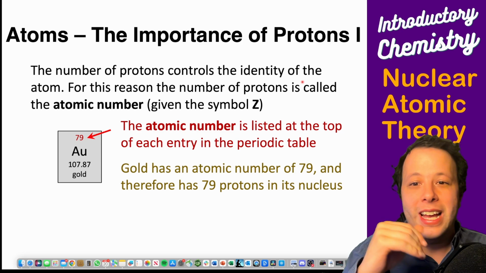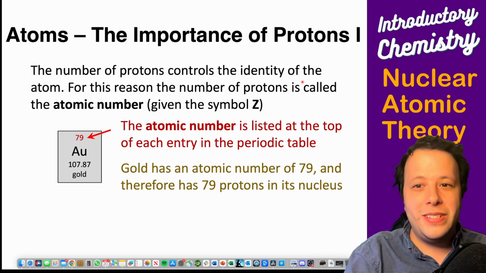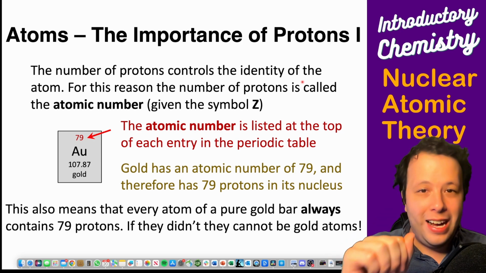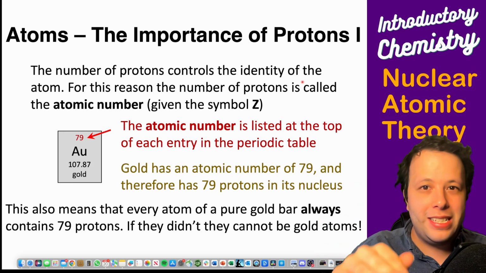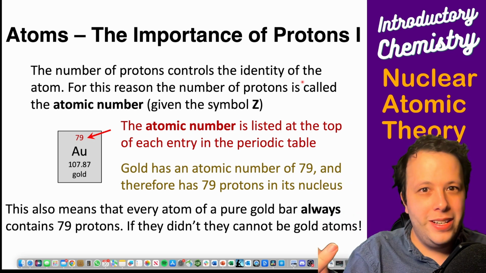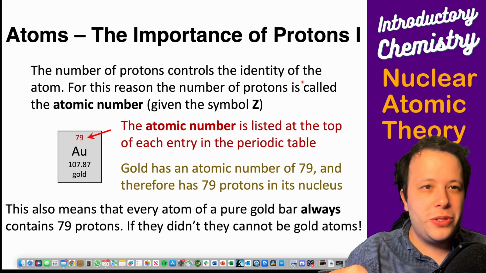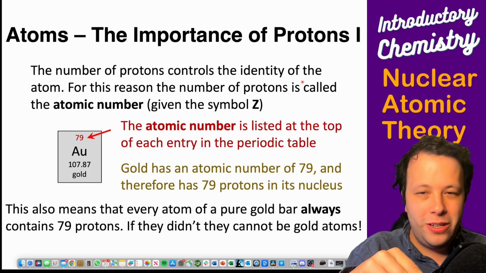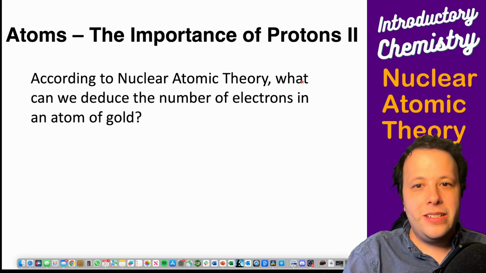So any single atom that you ever find of gold will have 79 protons no matter what, or it would not be gold. Every element has to have its number of protons in order to be identified as that element. So when we're talking about changing charges, which we'll be doing a lot in the future, we never change the proton count. We only ever change electrons. So keep that in mind.